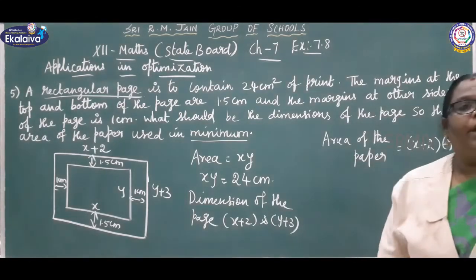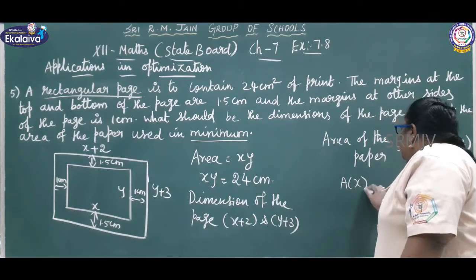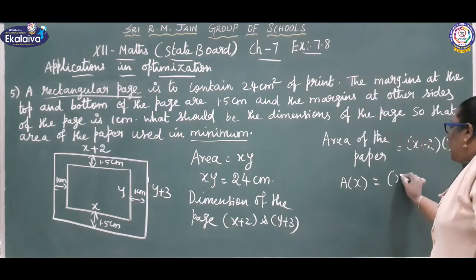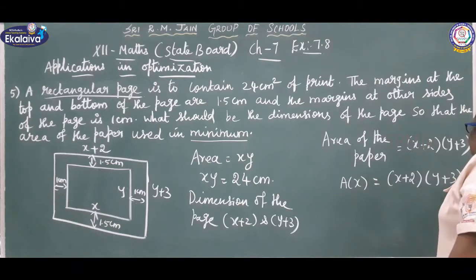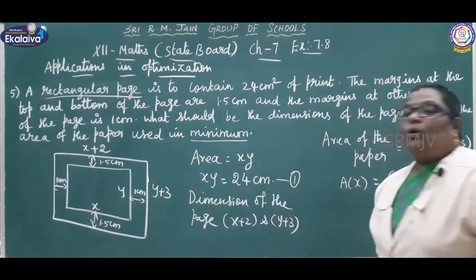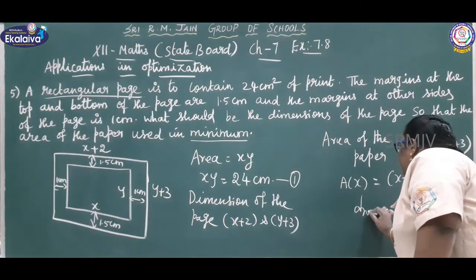You can take it as A of x equal to x plus 2 into y plus 3. And xy equal to 24 centimeter square from 1.